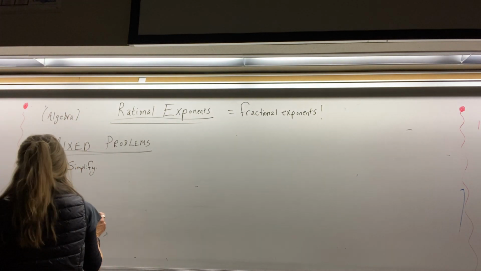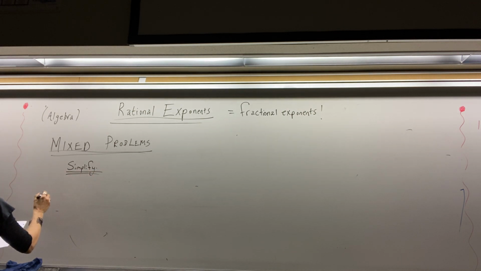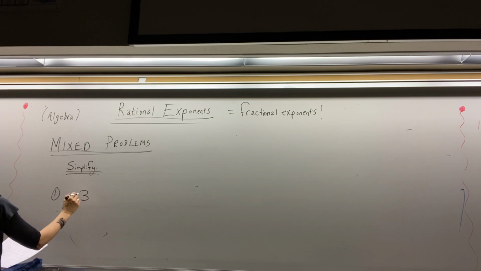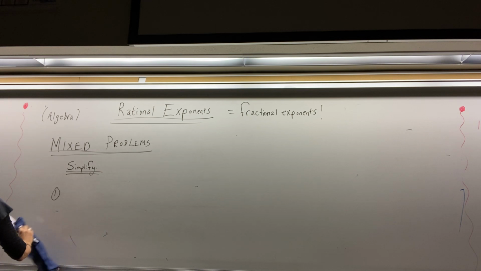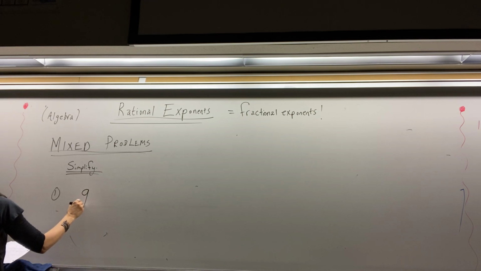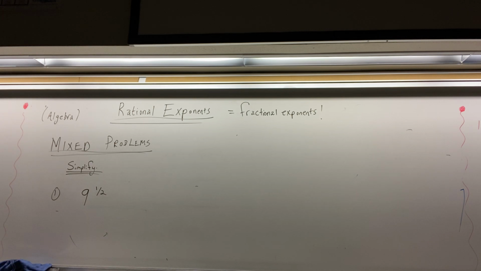Okay, so let's go ahead and say we have a problem like this. In this case, we could solve it as it is, but a lot of times rational exponents are not as easy for students to handle.